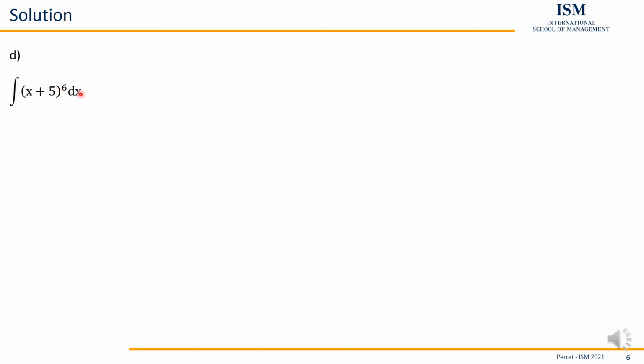Well, the roundabout way can be found if we just think about this critically, because what is annoying here is not the to the power of 6, but the fact that it's not x to the power of 6, but x plus 5. So if this were simply a normal function like x to the power of 6, we could easily get the integral.